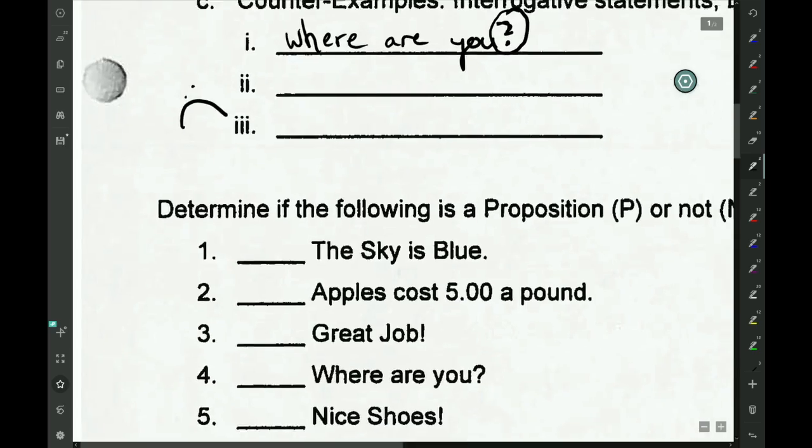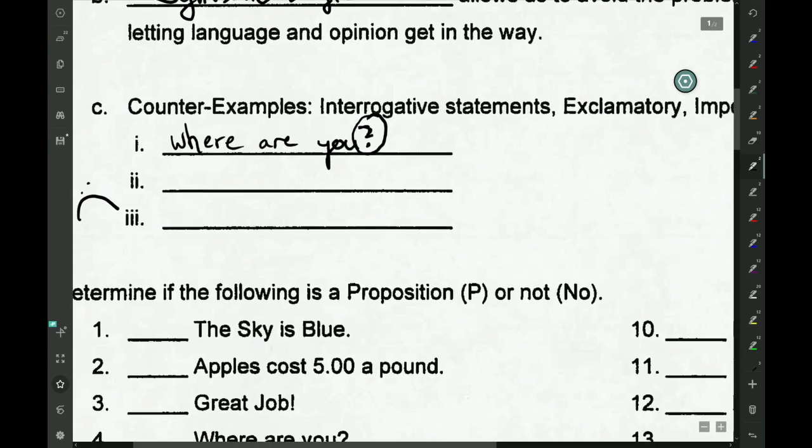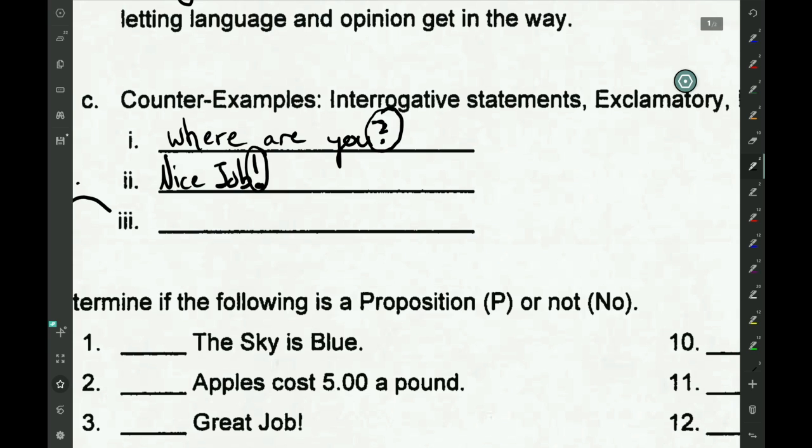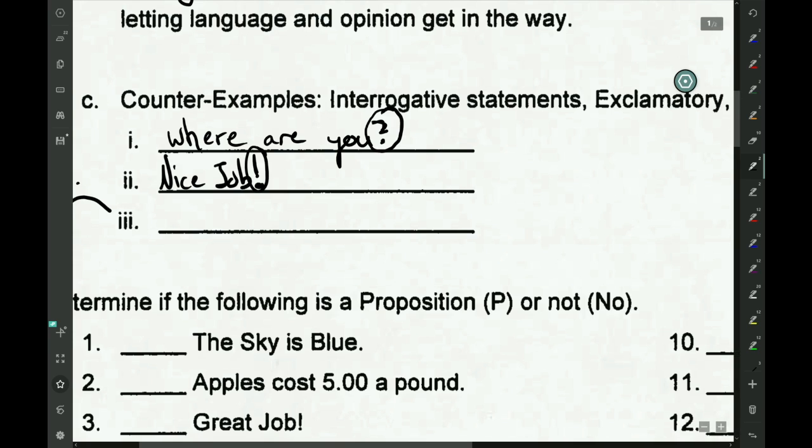That's an interrogative statement. Exclamatory sentences like, nice job! Again, that is an exclamatory statement. So if you see an exclamation point, it will not be a proposition. You might say it could be answered true or false, but for our sake, exclamations are not propositions.